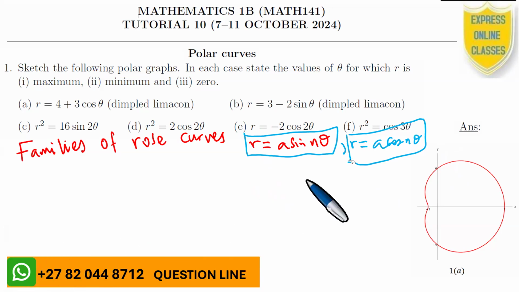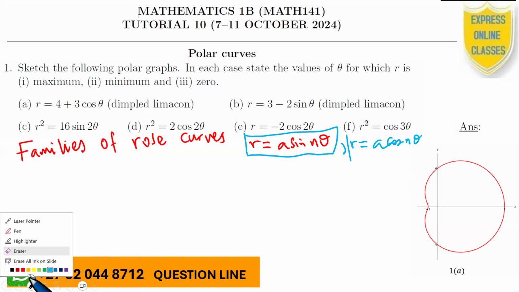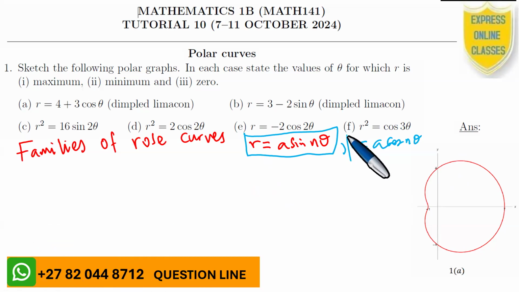Okay, these two curves themselves are called the rose curves, and they look like roses. I want us to therefore have an opportunity to discuss this idea of roses.